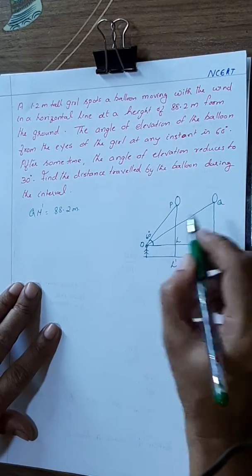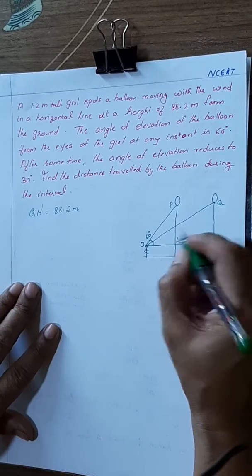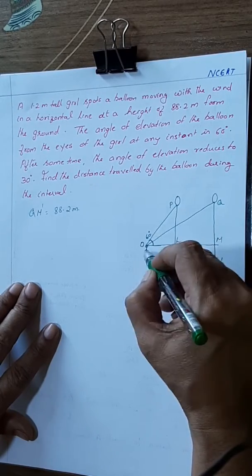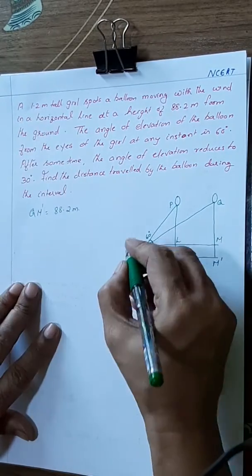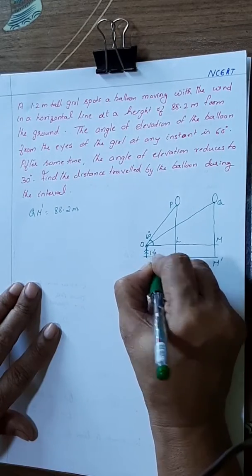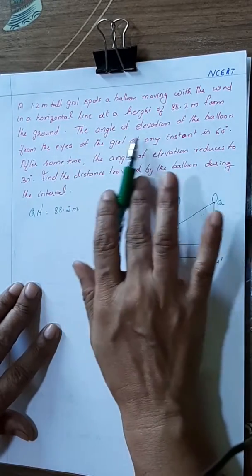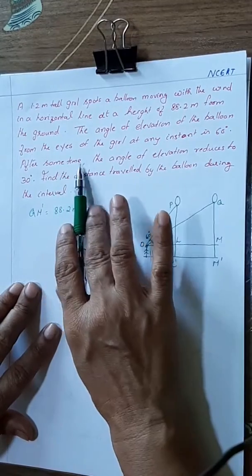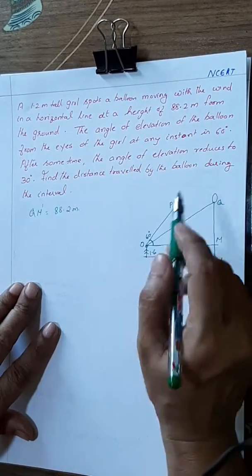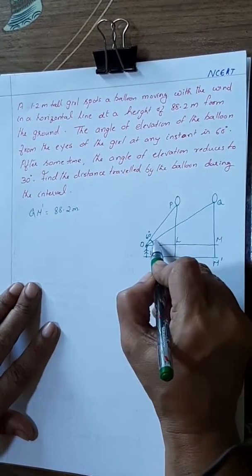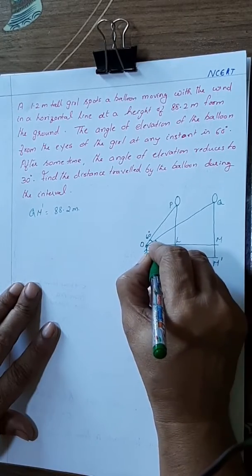So now we have to consider the height of the girl also, because the height of the girl is given. After some time the angle of elevation reduces to 30 degrees. So from here the angle of elevation is reducing, so this angle is 30 degrees.